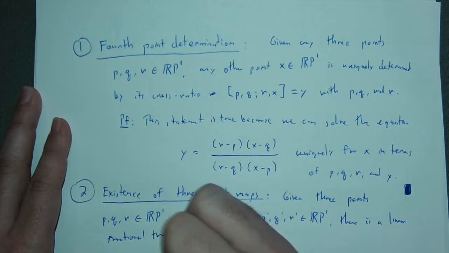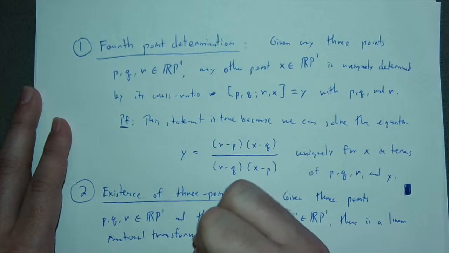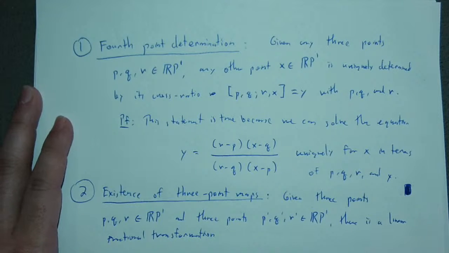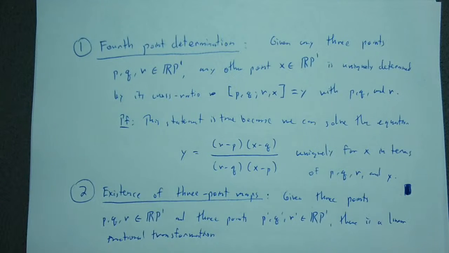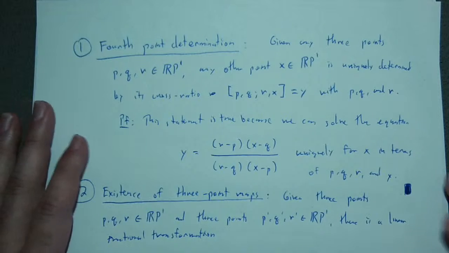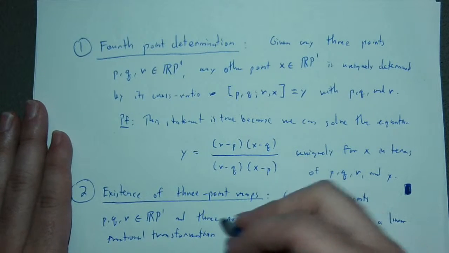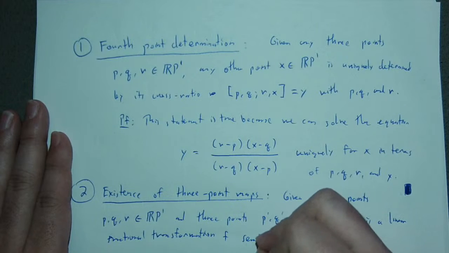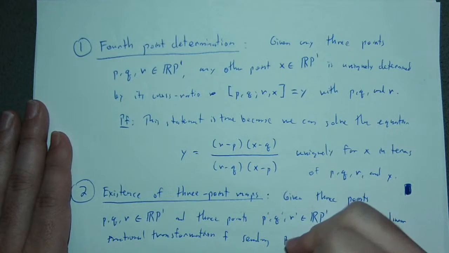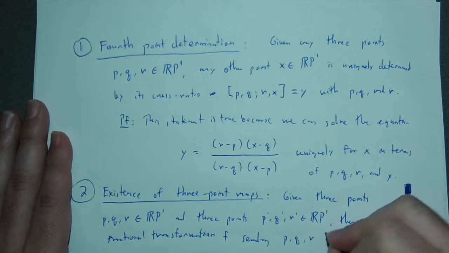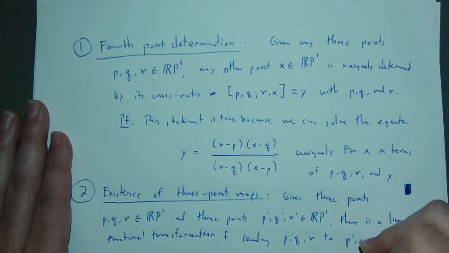That is a projection, right? It's just more convenient to deal with projections as linear fractional transformations than abstract projections. But in terms of drawing pictures, of course, we can still consider them as abstract projections. Okay. So there's a linear fractional transformation, call it F, sending P, Q, R to P prime, Q prime, R prime, respectively.